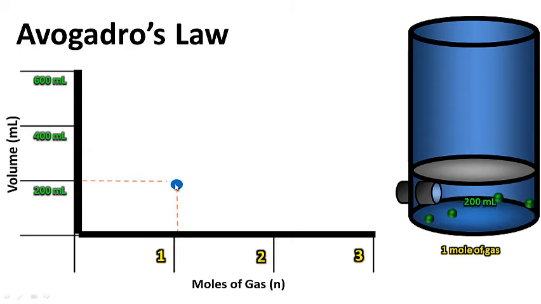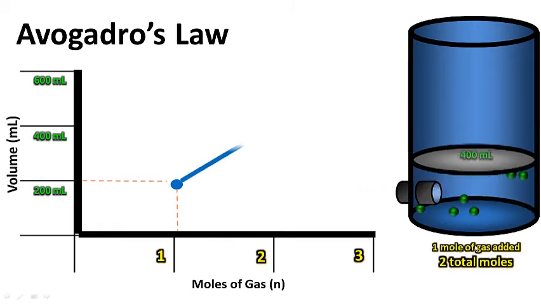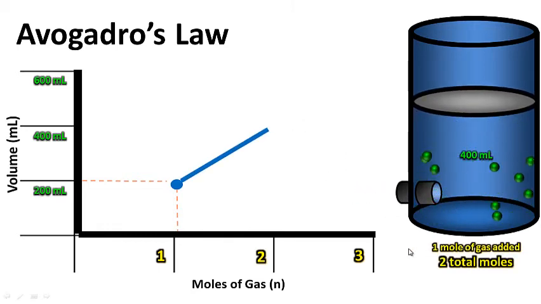Now let's add 1 more mole of gas and see what happens. 1 mole of gas added gives us 2 total moles of gas. Notice the volume of the gas has gone up. So by adding more gas molecules or atoms, volume increases.